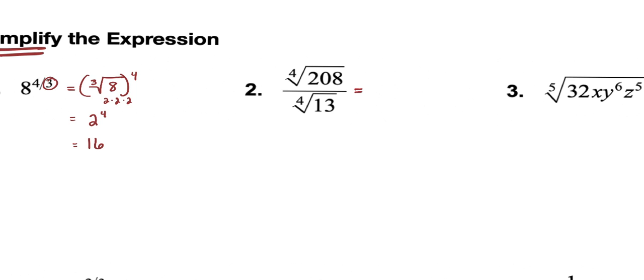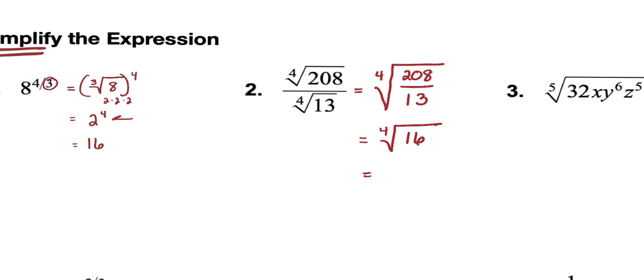Because they're both 4th roots, we can treat this as the 4th root of the quantity 208 divided by 13. I grabbed my calculator and did 208 divided by 13. It told me it is 16. And the 4th root of 16, I just did it over here: 2 to the 4th gives me 16. Therefore, the 4th root of 16 is 2.